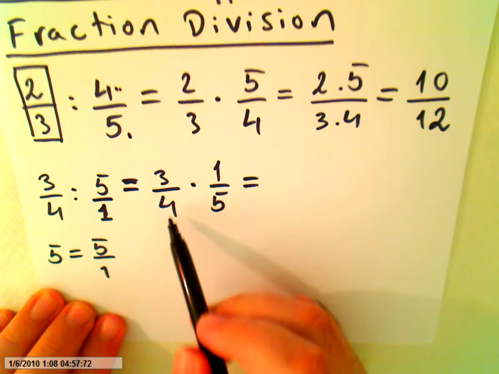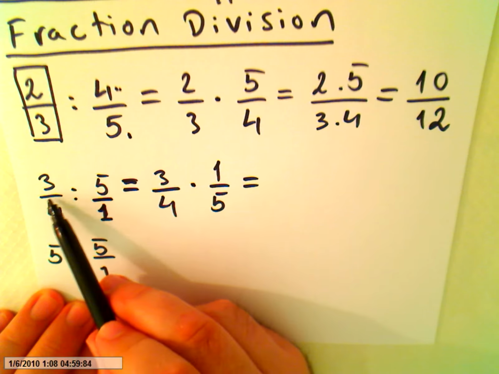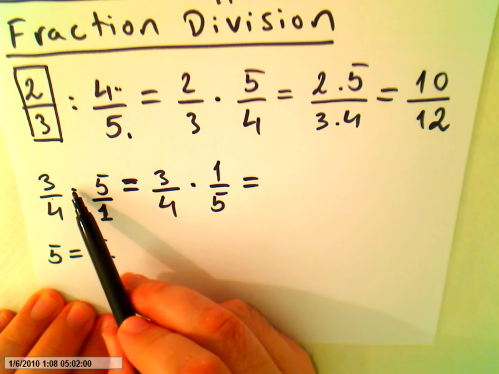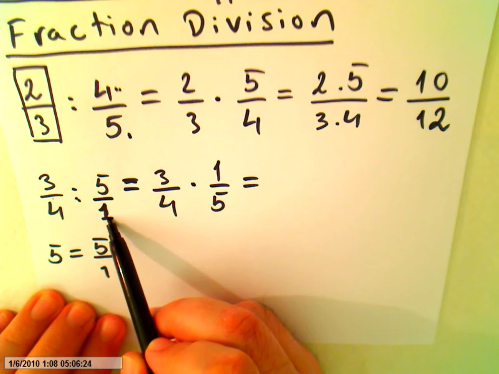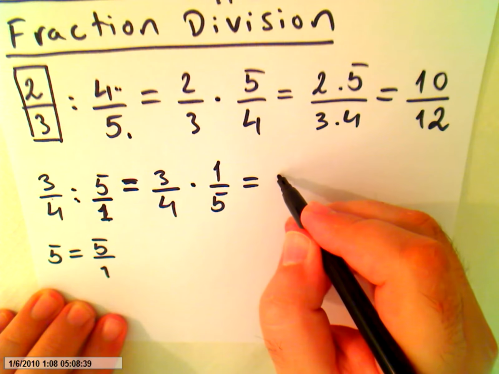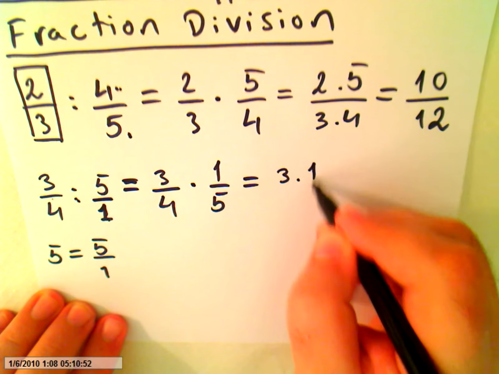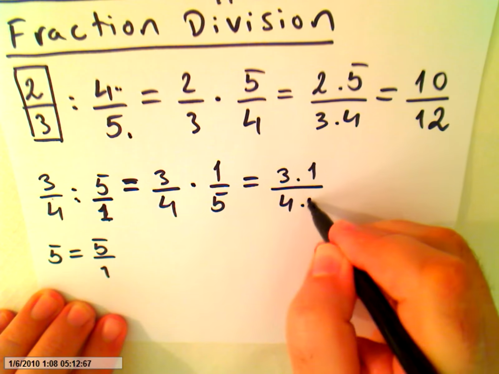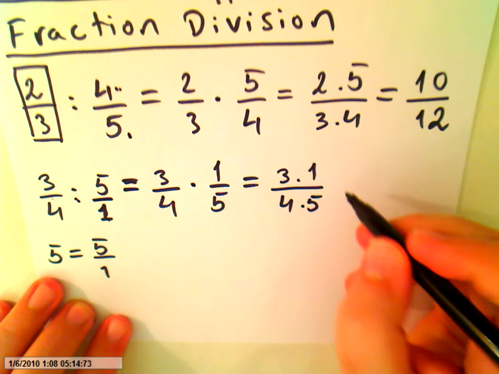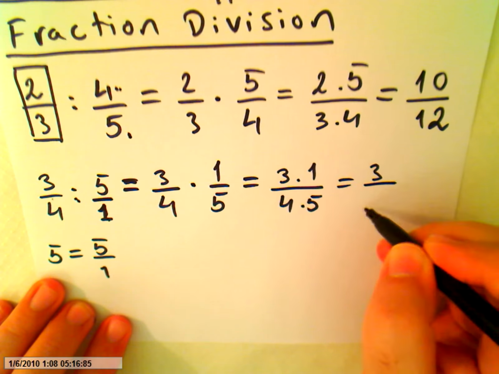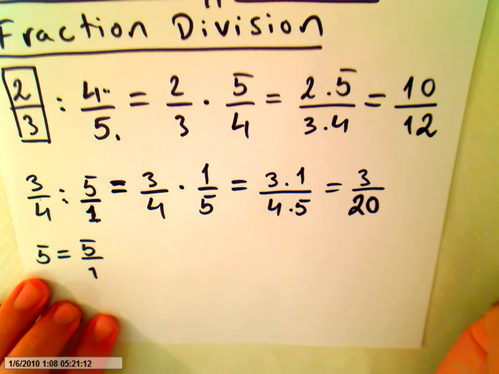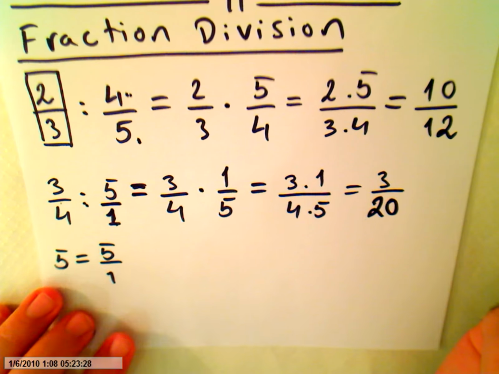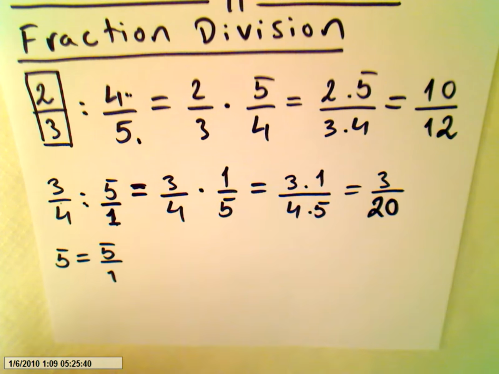That's why we say to divide fractions is the same as multiplying by the inverse. So here could be 3 times 1 over 5 times 4 times 5 equals 3 over 20. Really easy, the fraction division.